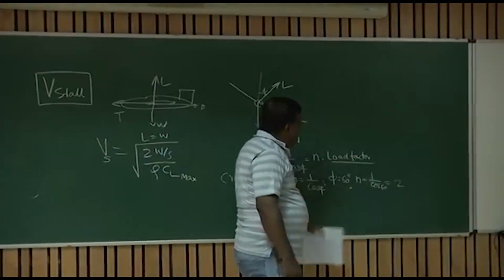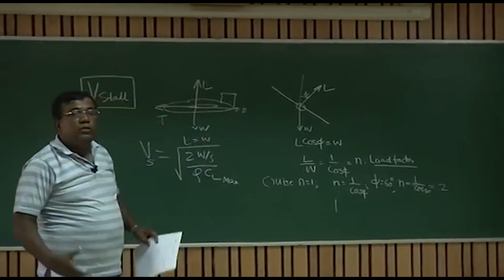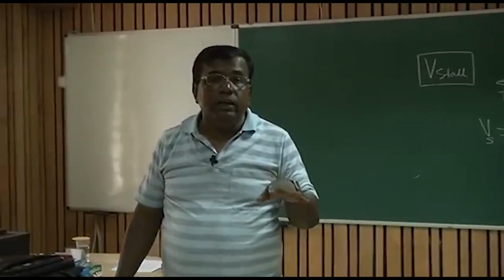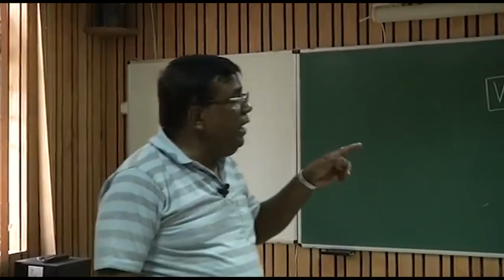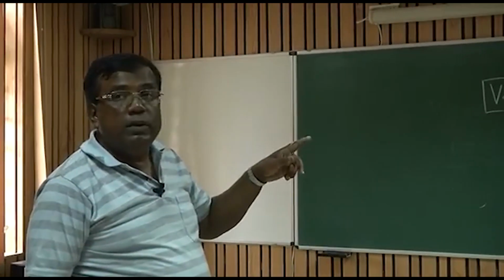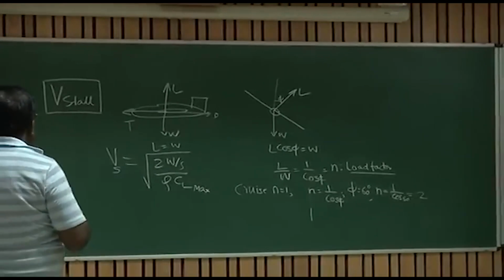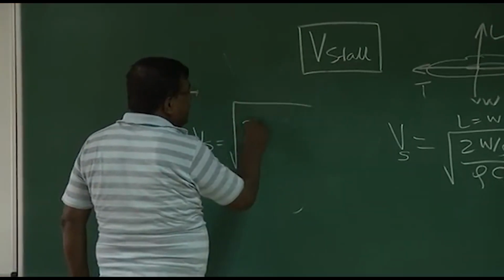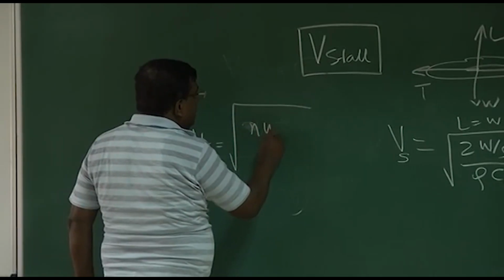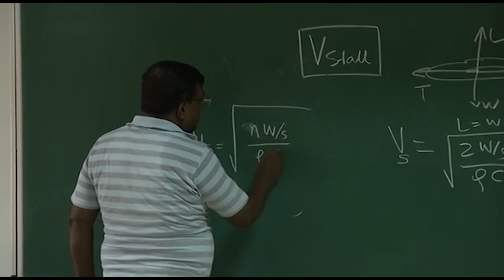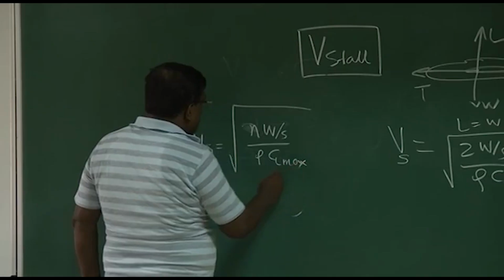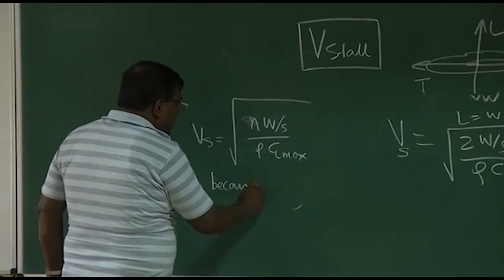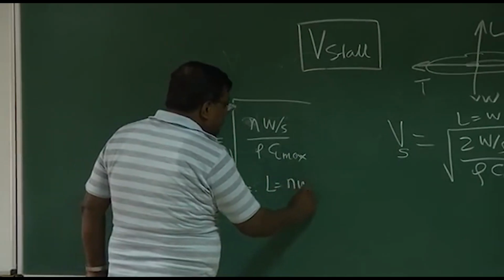Now you see, if this load factor is 2, and if I ask you a question, what is the minimum speed with which I should fly the airplane so that I can manage this turn maneuver? Then your practical definition can be upgraded, and you see it is root of n W by S by rho CL max, because lift equals nW now.